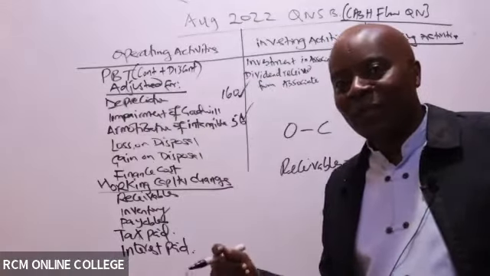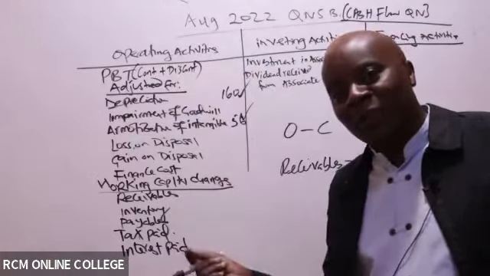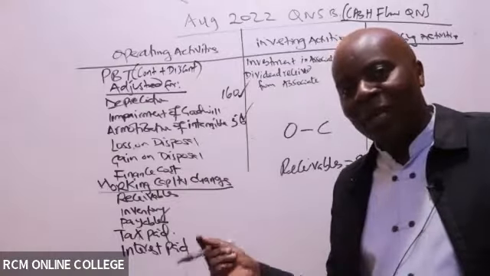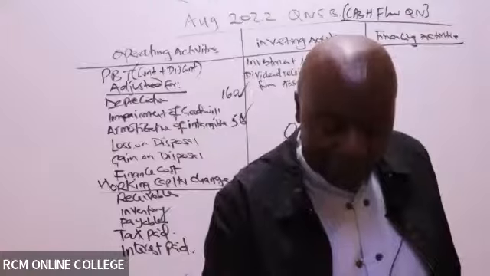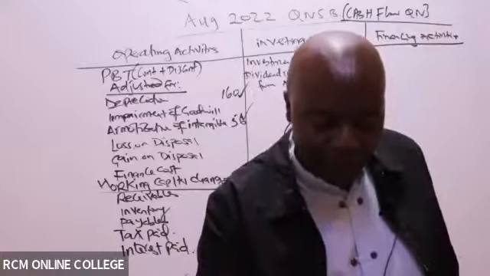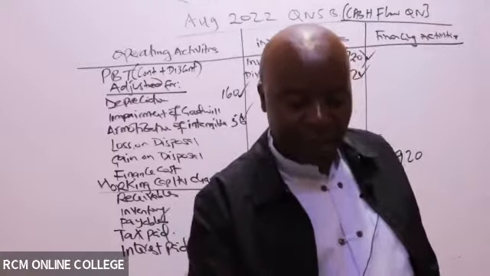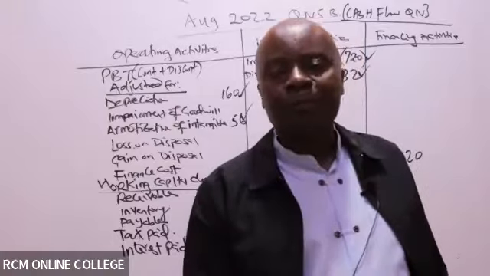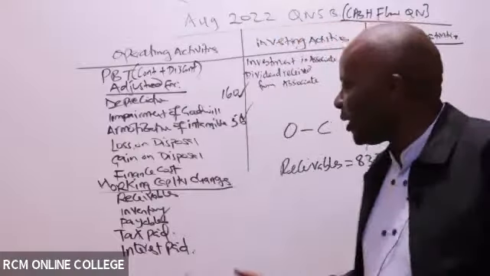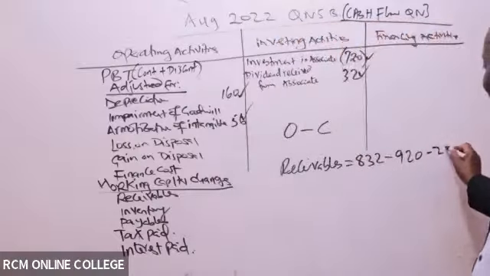This subsidiary that was disposed, it left with all its receivables. It has receivables. Go to the note on the subsidiary that was disposed. There is this subsidiary C that was disposed. In note number 3, does it have receivables? Yes. How much? 220. Because it's a disposal, you subtract.